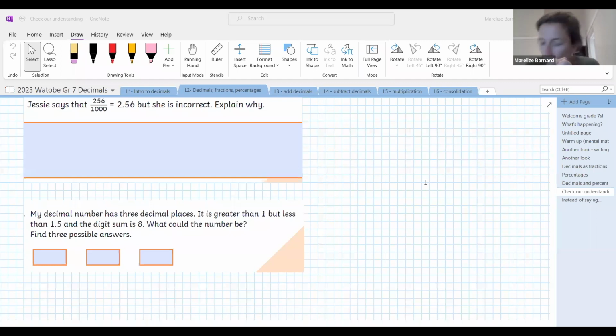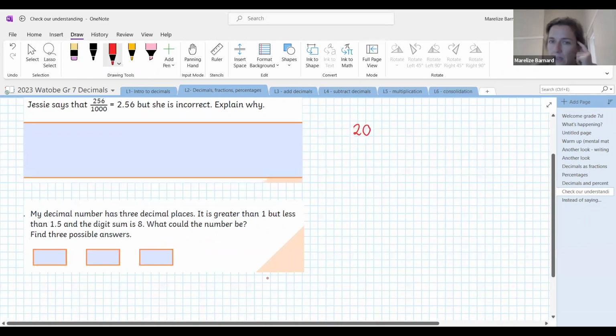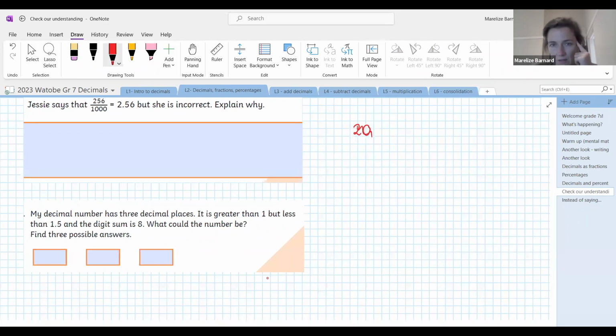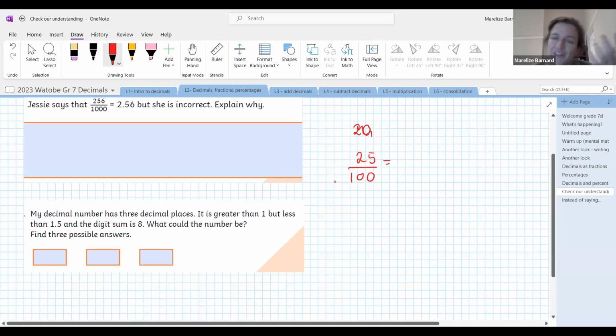Yes, ma'am, I don't know how to simplify, ma'am. Simplifying is just dividing, basically. So if you have, let's take something like, let's not do that, let's go 25 hundredths. Now you think of the biggest number that can go into 25 and into 100.